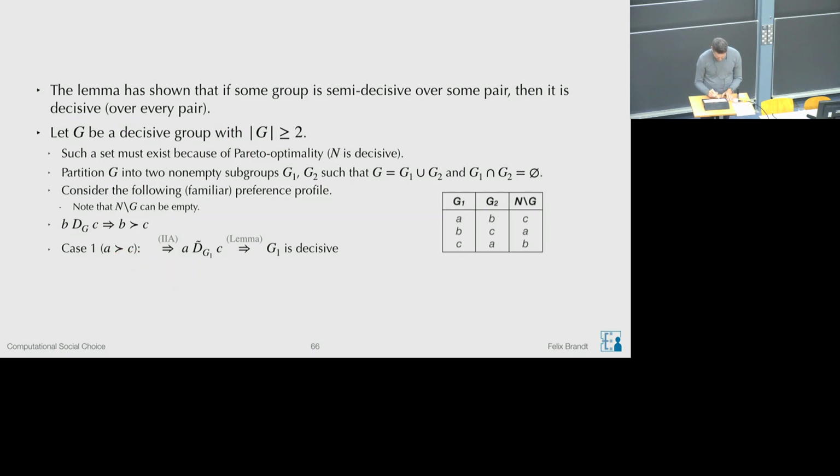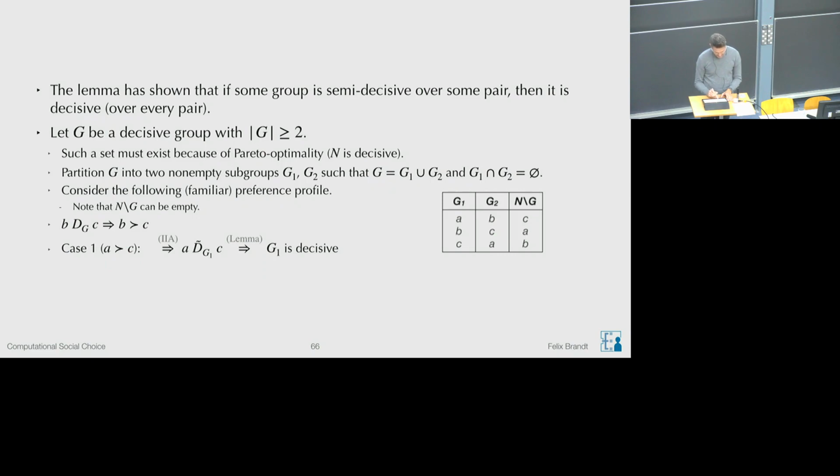Now, we know that everybody in this group G1 prefers A to C, and everybody else prefers C to A. Since in the collective preference relation, by assumption, A is preferred to C, this group G1 is semi-decisive for A against C. In this particular preference profile, everybody in G1 prefers A to C, and everybody else prefers C to A, and A is collectively preferred to C, and that means this always has to be the case, no matter how all the other alternatives are ordered.